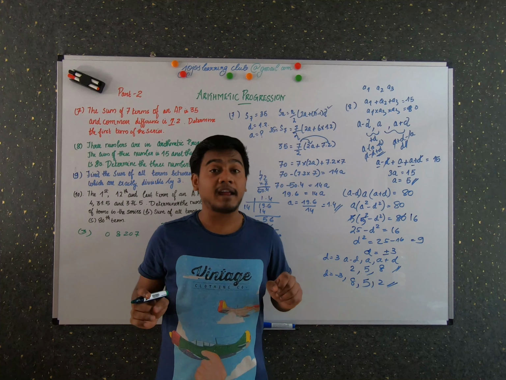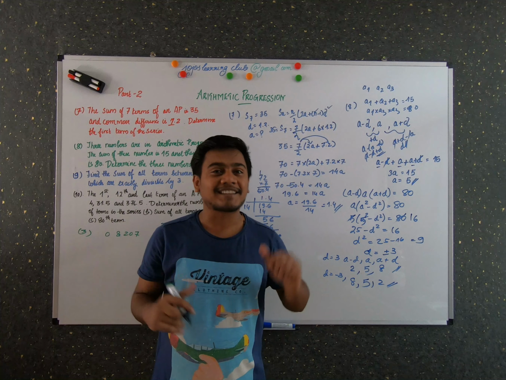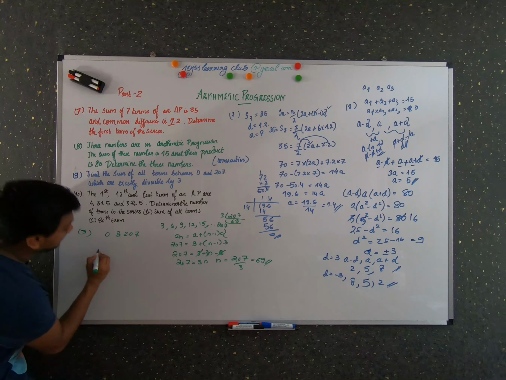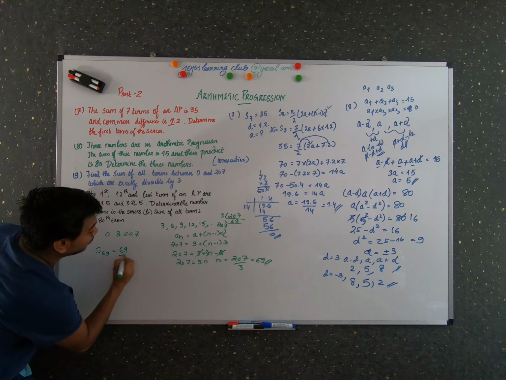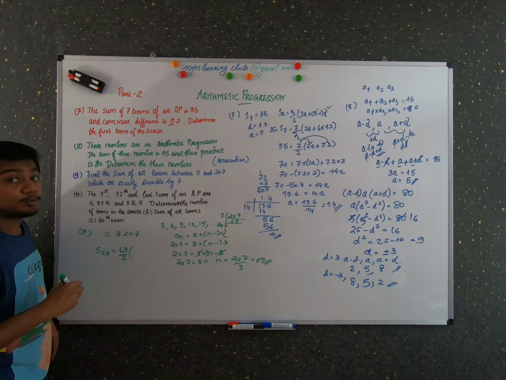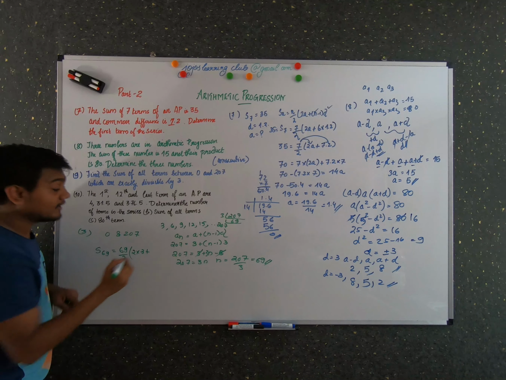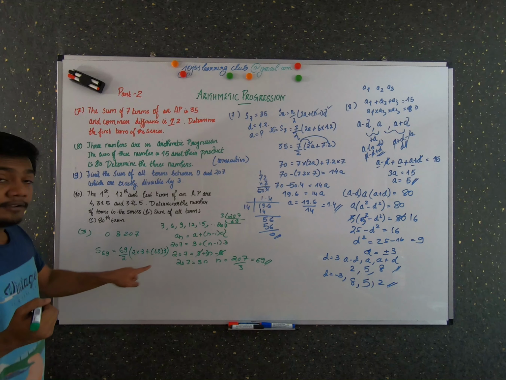So we need to find the sum of 69 terms, and this is exactly what is asked in this question. Okay, so let's find the sum of the series, S69, right? So 69 by 2 into 2a. 2a is what? 2 into 3, plus 69 minus 1 is 68, 68 into 3, right?